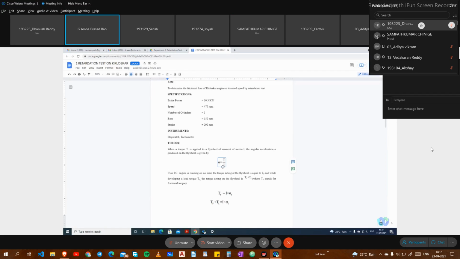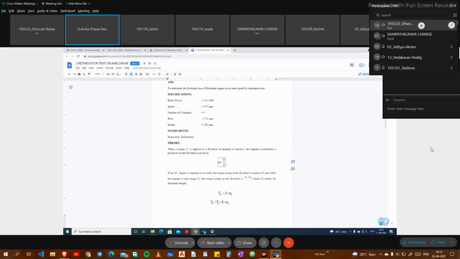So the friction torque is nothing but a function of angular acceleration; it is because of the angular acceleration that the torque is generated. When no load is applied there is some torque, and when load is applied there is also some torque, and that is an indicator of the power developed.